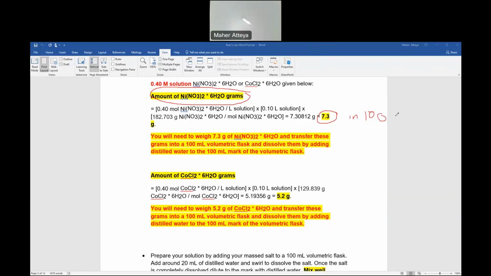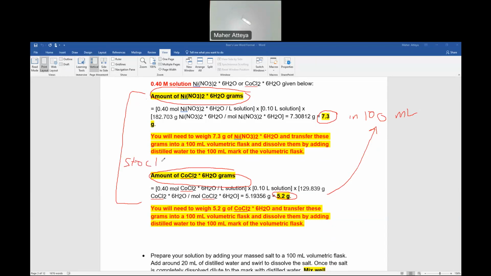In 100 mL. If you have the purple one or the rosy one or the pinky one, this is the cobalt here, you will weigh 5.2 grams in 100 mL. Are you following me here? So now this is yours. Those solutions are called our stock solution.